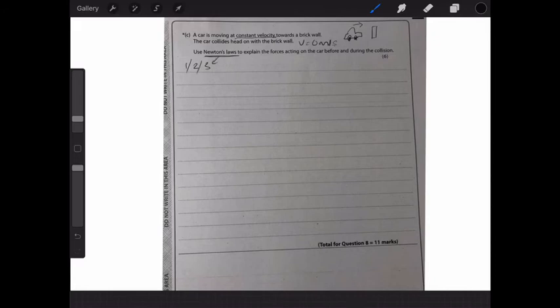I've got to explain the forces that are acting on the car before and after, and during the collision. So before and during. So I'm already thinking that's going to split into 2 lots of 3, really, 2 paragraphs. I'm going to have a paragraph about the forces before and a paragraph about the forces during.